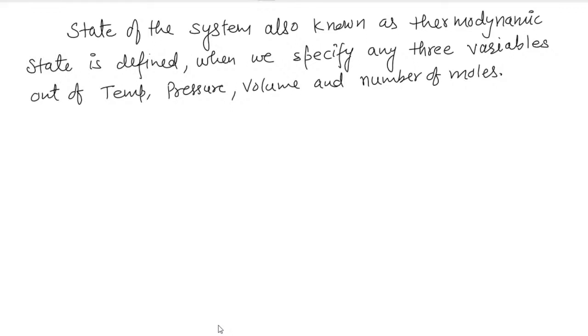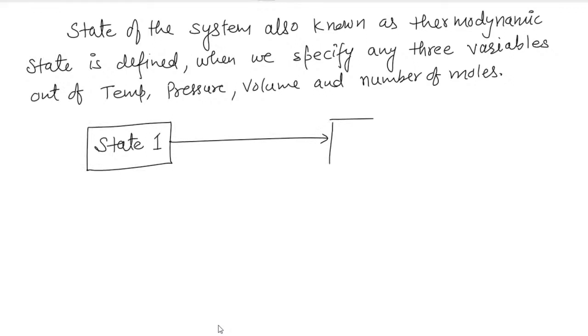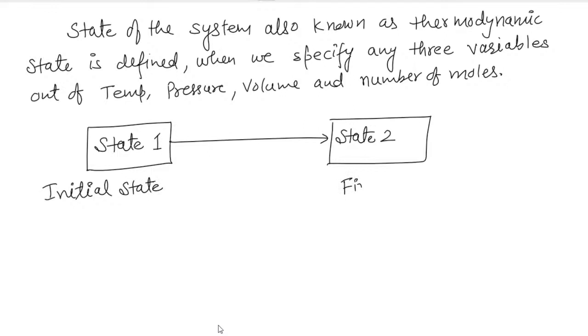Now, if we have state 1 that can be changed into state 2, this is the initial state and this is the final state.